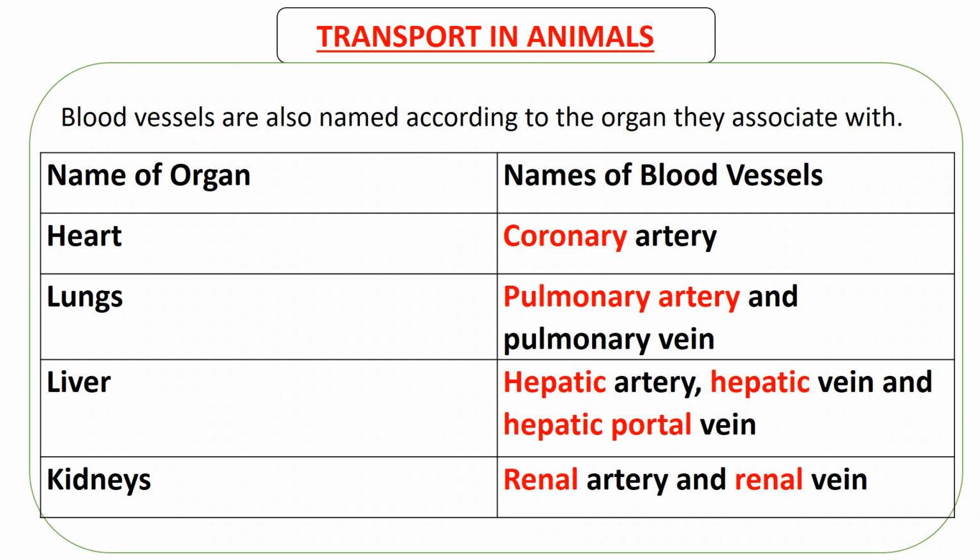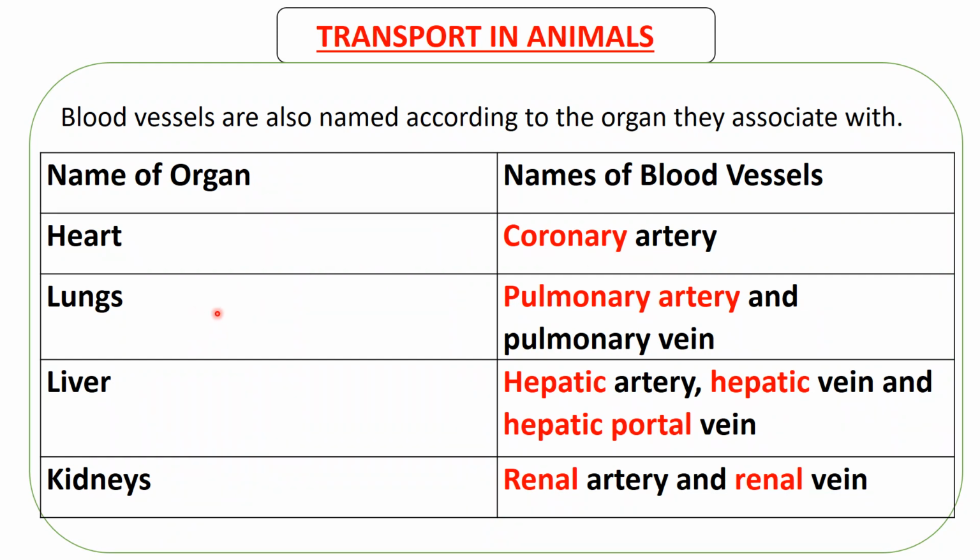So arteries or veins are named according to the organ they associate with. Okay, so the heart, for example, if a blood vessel is connected to or associated with the heart, the word coronary is usually attached to it. So it's going to be a coronary artery, for example.